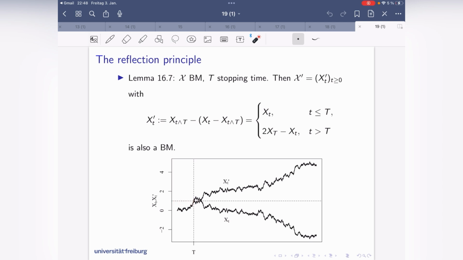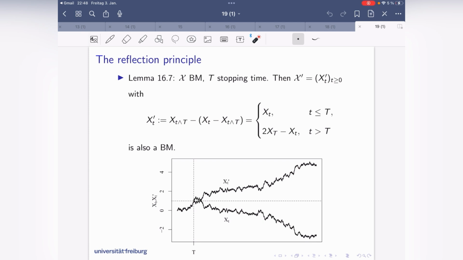And reflection means, well, initially the two things are the same, but after the stopping time, I just mirror the path at x equals 1. So this here is just reflected. And the claim is that this reflected path here is again a Brownian motion.